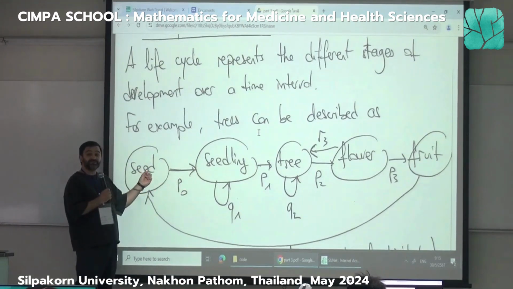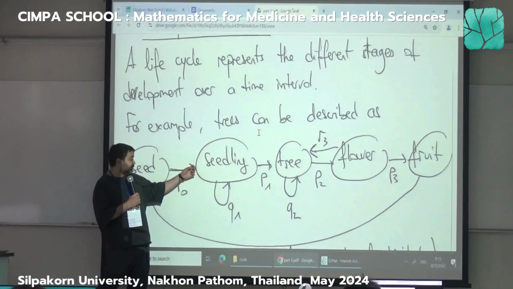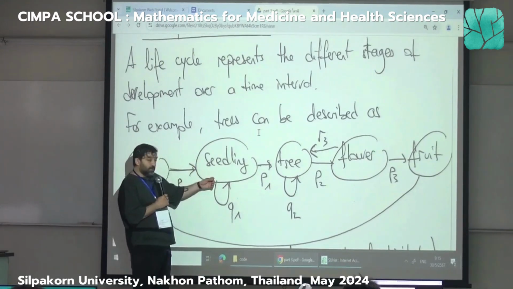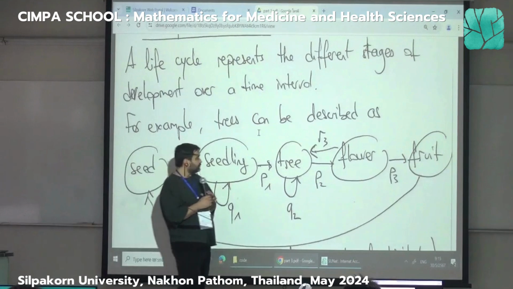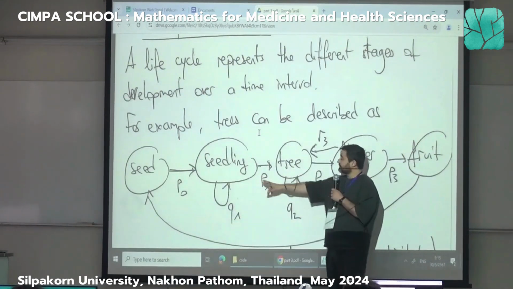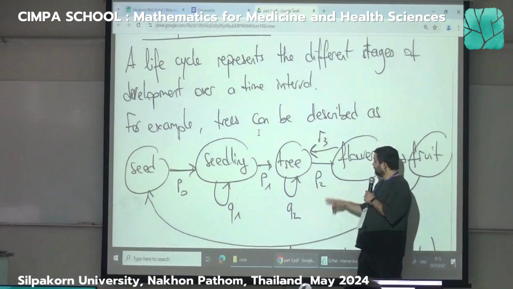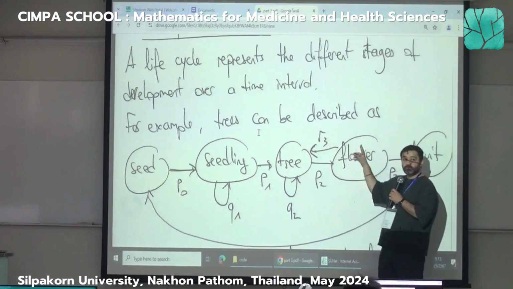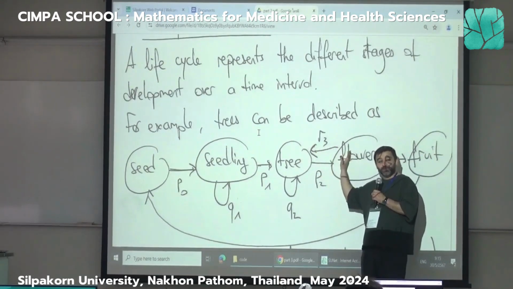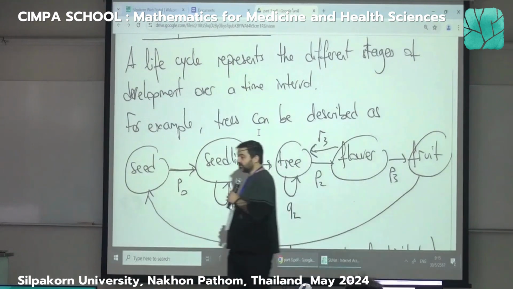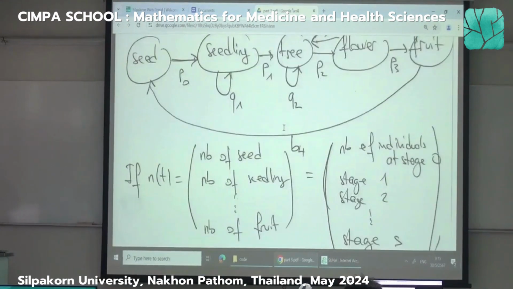Here, the seeds who become seedlings, or seeds who survive, if I take the same as before, plus the ones who remain seeds. What about the trees? Trees are seedlings who become trees, trees that remain trees, and you also have this arrow, trees with flower coming back to trees without flower. You follow all of this, you write a computation, and you get this kind of matrix.